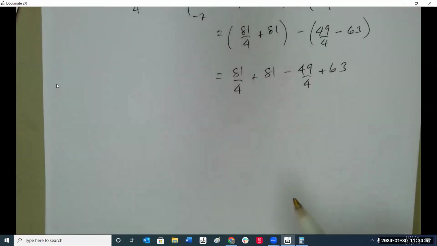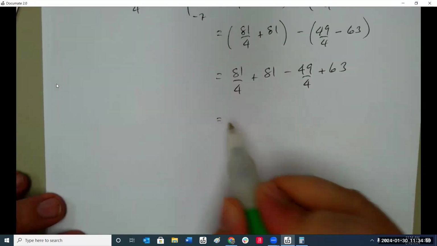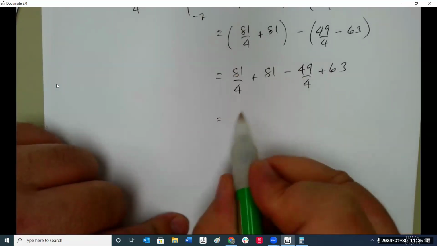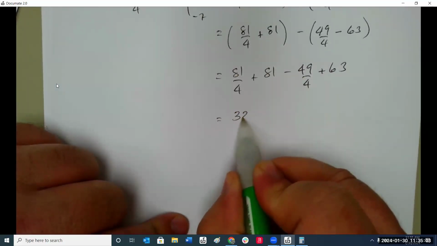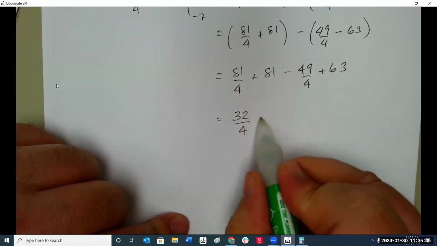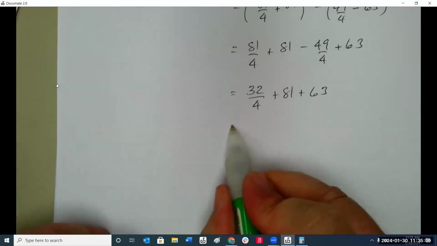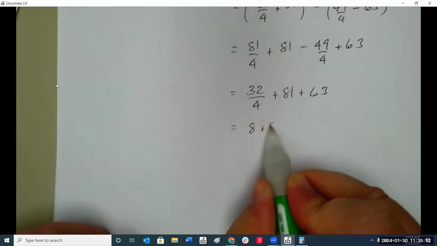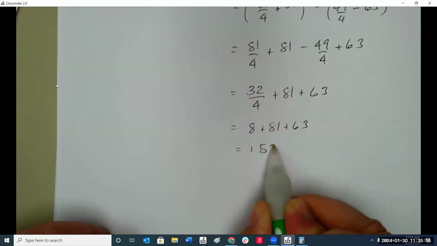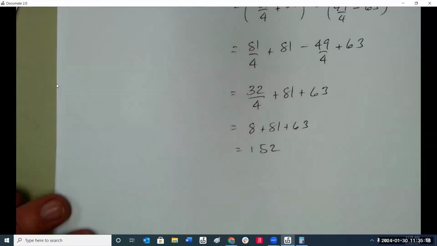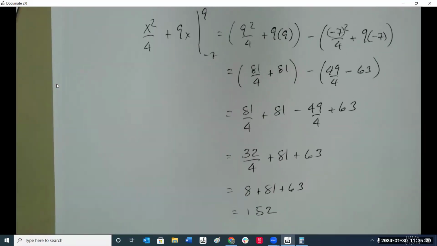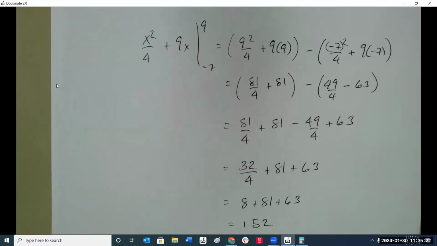And we would have gotten the same answer. So 81 minus 49 is 32 over 4, plus 81 plus 63. 32 over 4 is 8. So yeah, any method you feel comfortable with, you can do it, get the right answer.